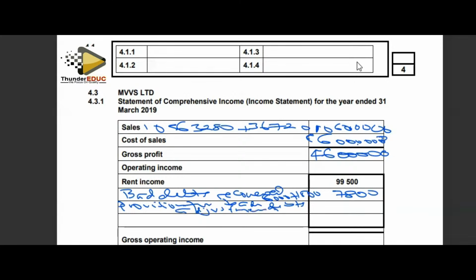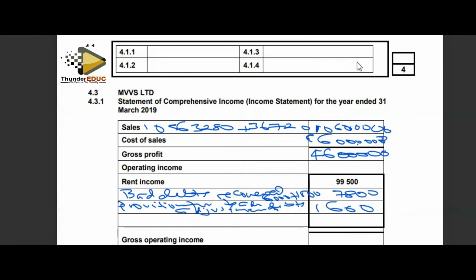The adjustment is the difference between the two. So you're going to get the 30,100 minus the new one, which is 28,500. And this one will give us 1,600. So here we have to put 1,600.